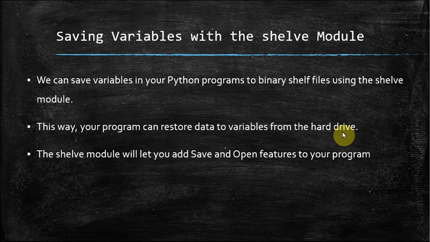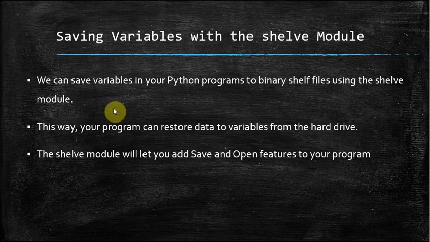You store data using the shelf module in the hard drive, and whenever you want to retrieve it, you can read that particular file. For that you can use the shelf open command. By using the open command you can read the particular file which you have saved.